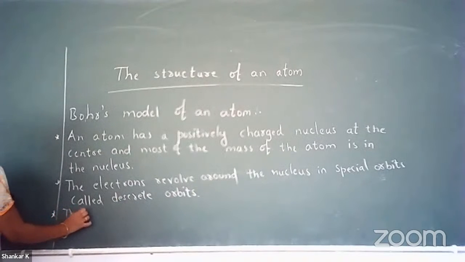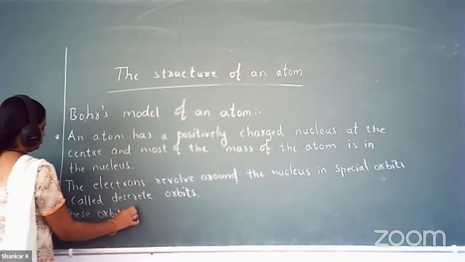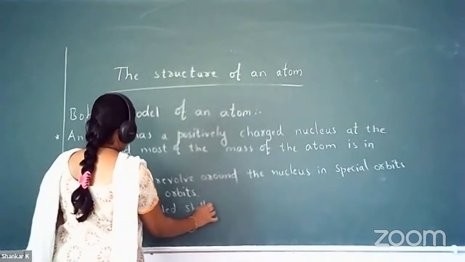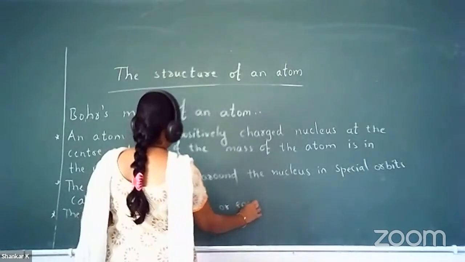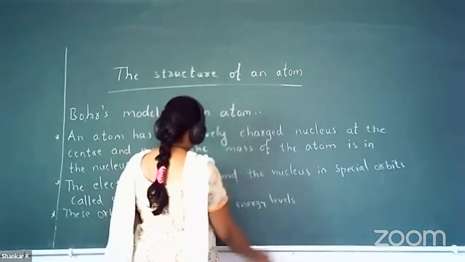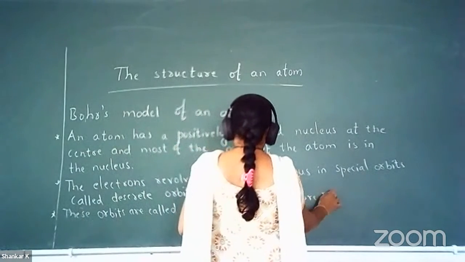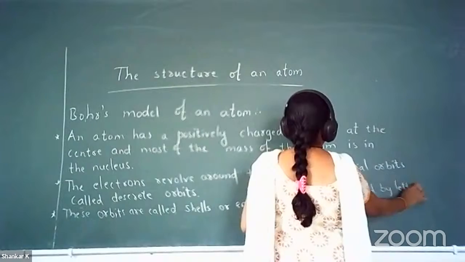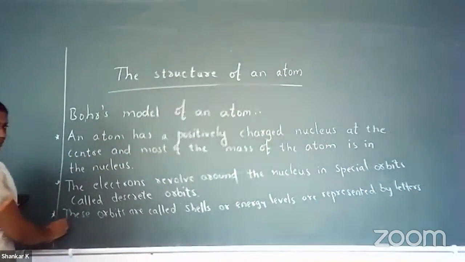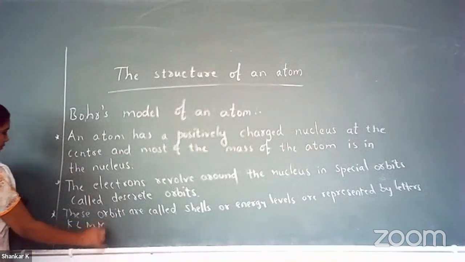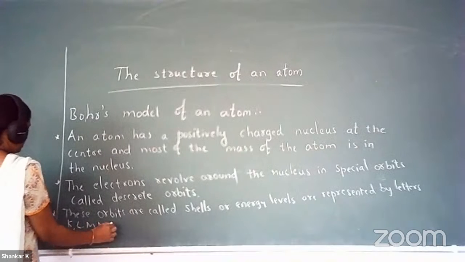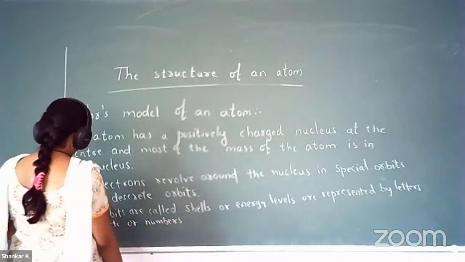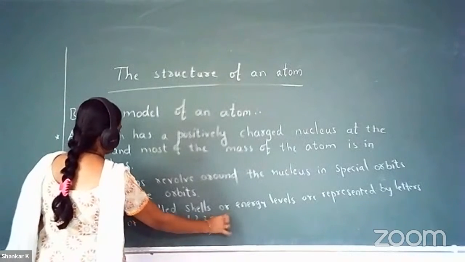These orbits are called energy levels and are represented by letters K, L, M, N, etc. or numbers 1, 2, 3, 4, etc.